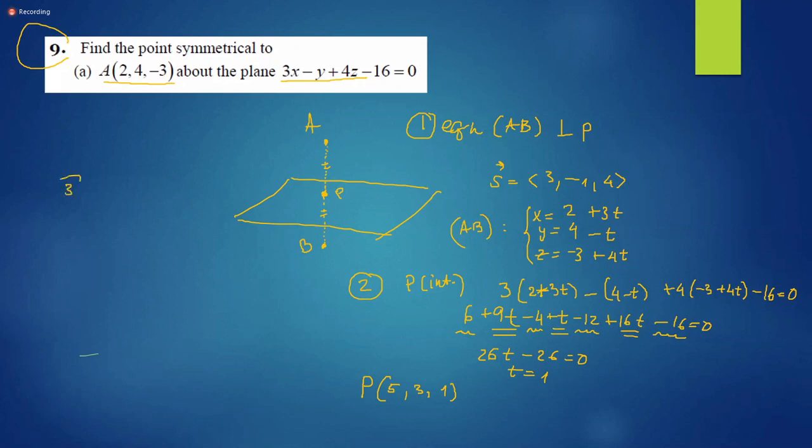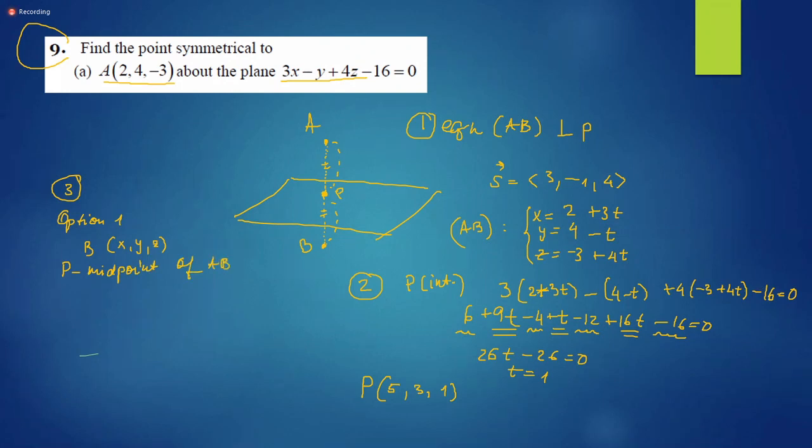Option one is P is the midpoint of AB. That means the coordinates of P are the average values of the coordinates of A and B. So if B has coordinates X, Y, Z, then the coordinates of P, being the midpoint of AB, are the average values.